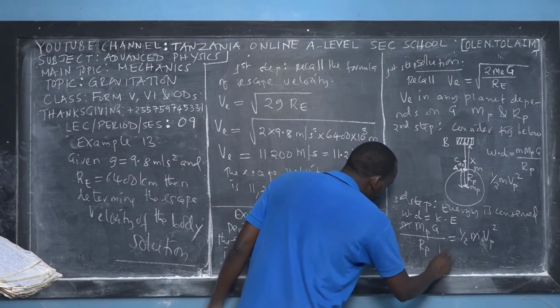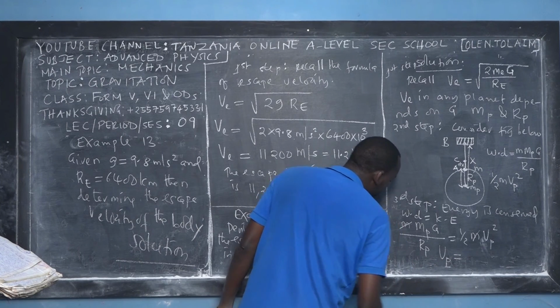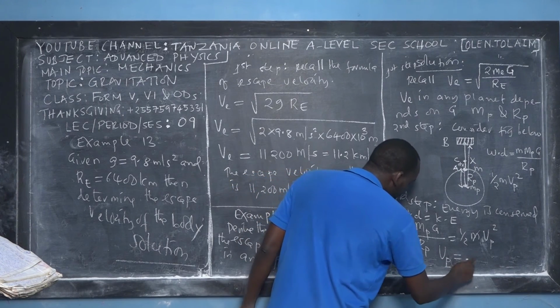So if you derive the final formula, the escape velocity at a particular planet will be what?